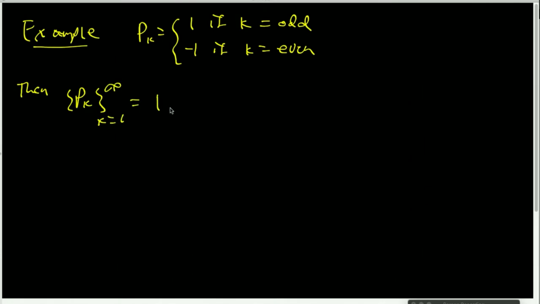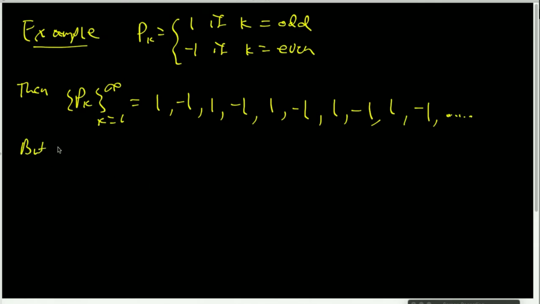It starts off 1, -1, 1, -1, 1, -1, 1, -1, 1, -1. And this goes on forever. But the image of this particular sequence is just the set containing 1 and -1, because all of the terms are one of these two numbers.